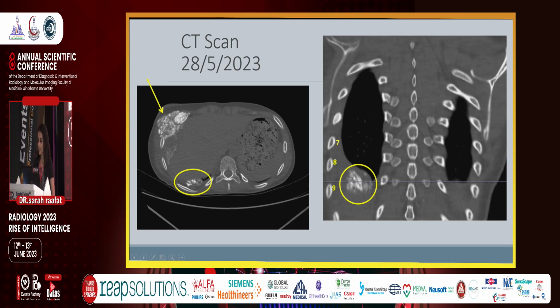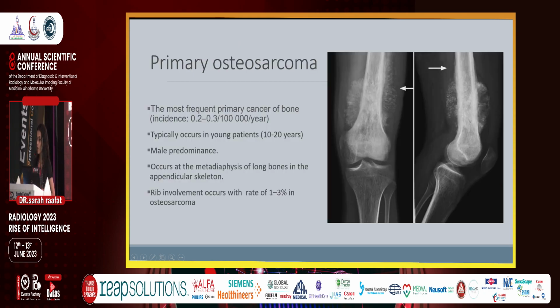Now, like we said, primary osteosarcoma is the most common primary bone tumor in adolescent age, in the second decade. In every million people, there are 2 or 3 people who will have osteosarcoma, and of every 200 or 300 cases of osteosarcomas, only 1 will have rib osteosarcoma, which makes this a rare entity.